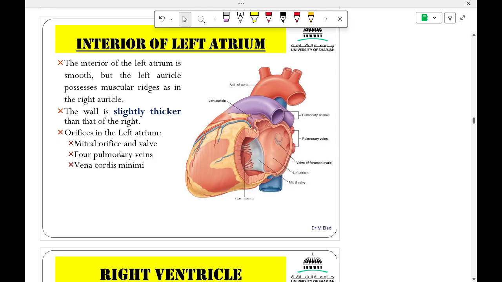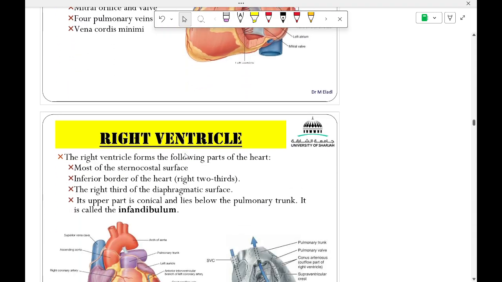For example, the mitral orifice, which is the opening that allows the blood to flow from the left atrium to the left ventricle, and the openings that are going to allow the blood to flow from the pulmonary veins all the way to the left atrium, and the venae cordis minimae, which are basically veins that are going to drain directly into the left atrium. So these are the openings that you can expect to see in the left atrium.